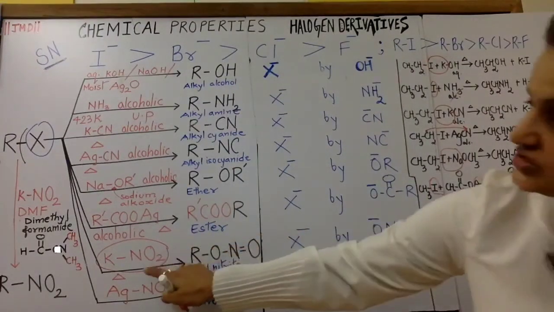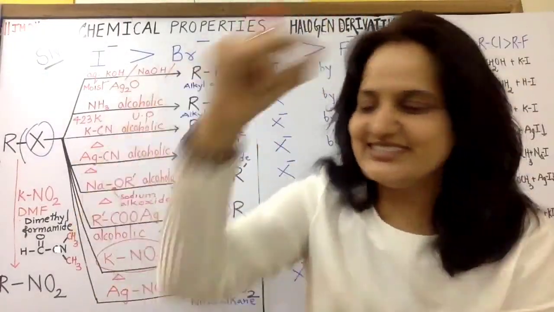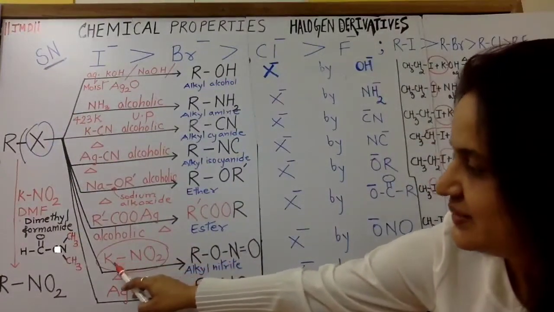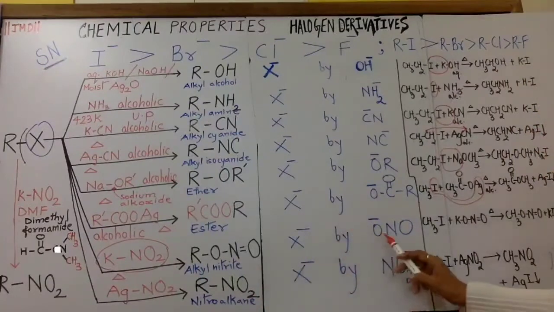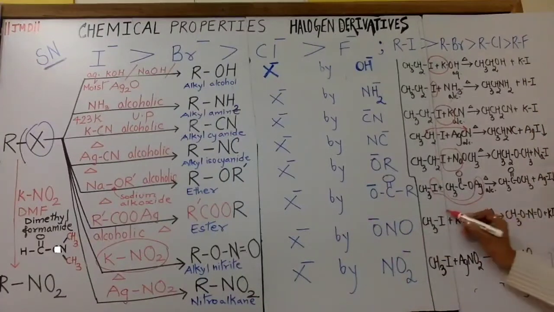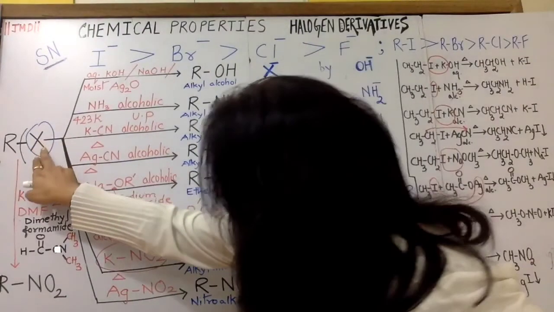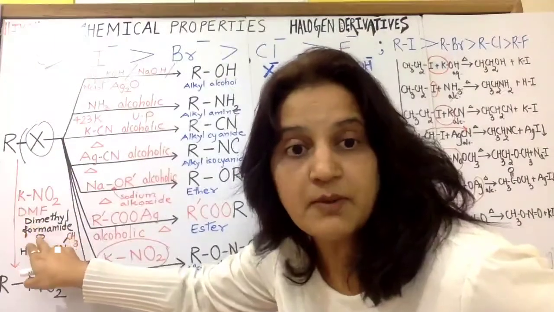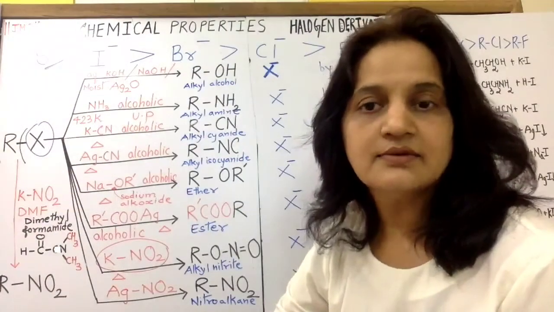Here there is a little bit of a twist. What is the twist? When an alkyl halide is treated with potassium nitrite, you get an alkyl nitrite, where halide is simply replaced by the nitrite group. But when the same alkyl halide is treated with the same potassium nitrite but in presence of dimethyl formamide, then I'm getting nitroalkane.